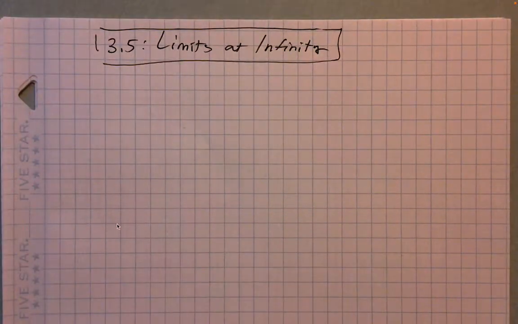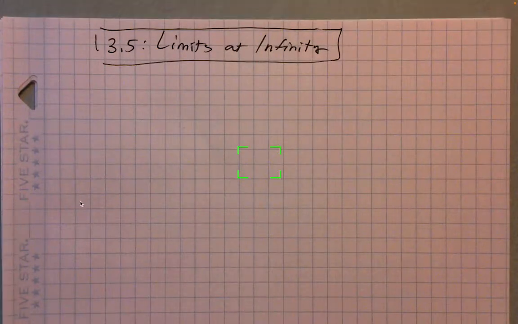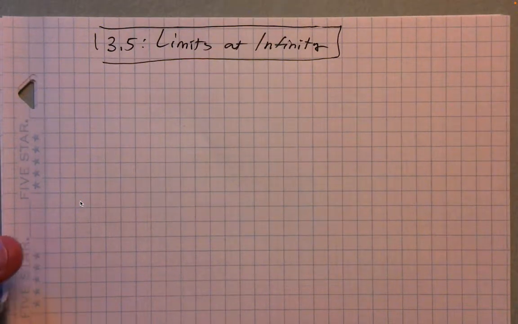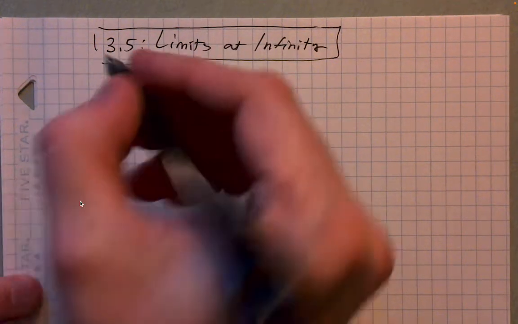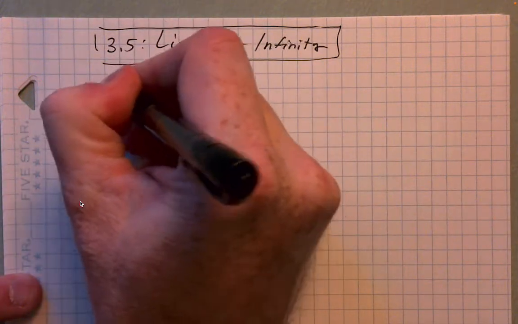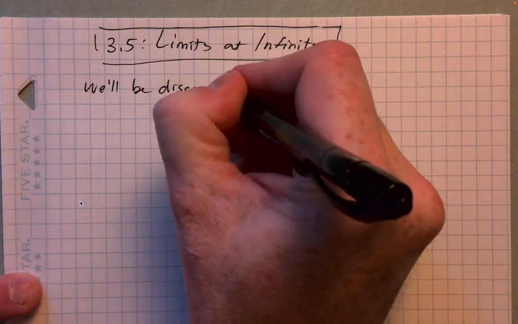All right, let's confirm that this is focused nicely. Okay, good enough. So as I said, in this section we're going to be discussing what happens to a function very far out on the x-axis, in either direction. We'll be discussing what we call the end behavior.